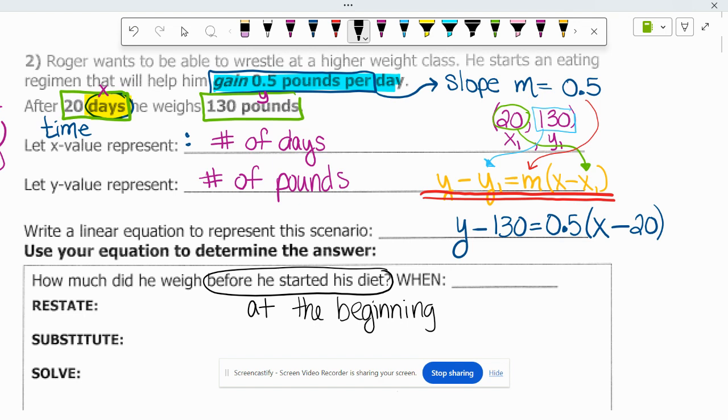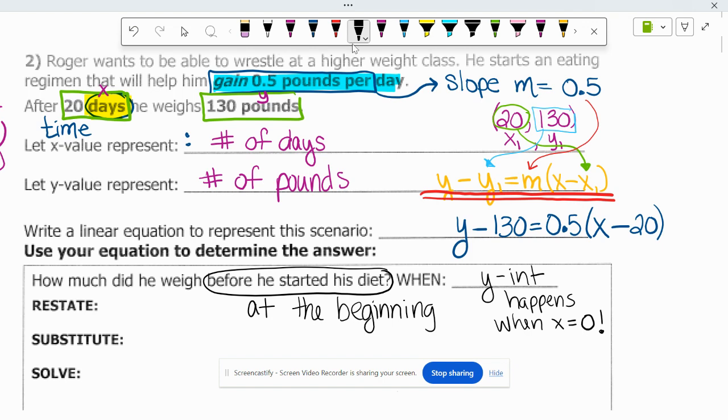The y-intercept. So we're really looking for the y-intercept. And I know that the y-intercept happens when x equals 0. That is so important. I know that the y-intercept happens when x equals 0.